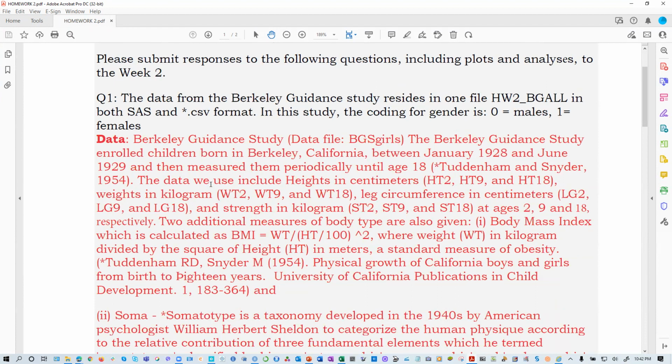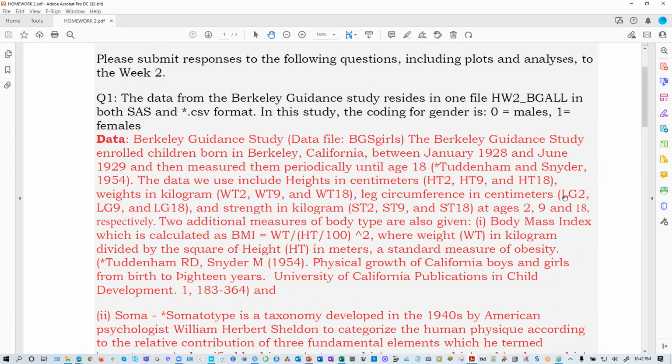The data we use include heights in centimeters: HT2, HT9, HT18, and weights in kilograms: WT2, and so on; we're going to complete this later. Heights in centimeters at ages 2, 9, and 18.